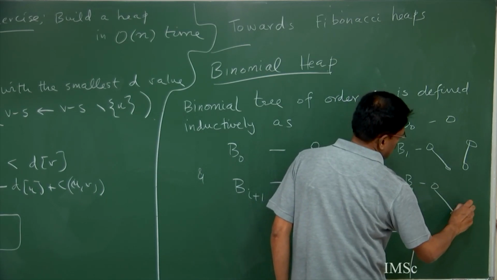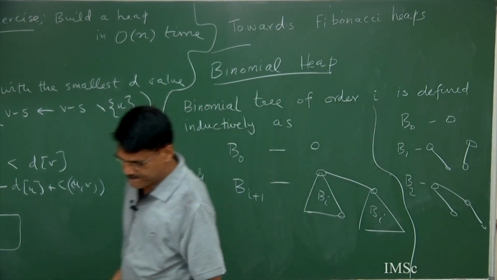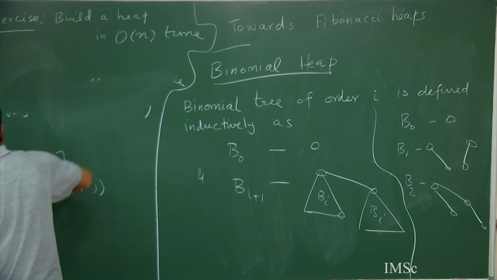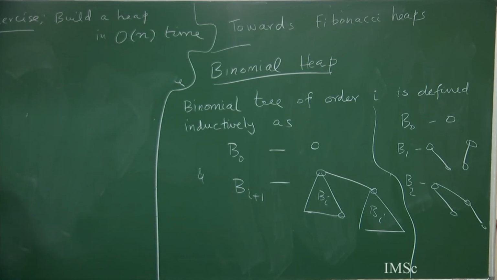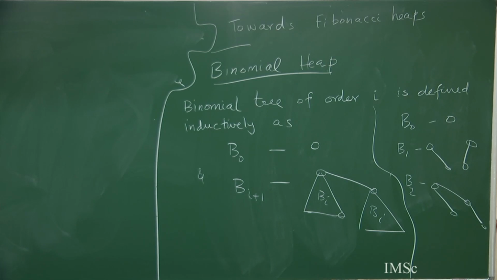So, take this, that is B2. B3 would be like this, and so on.